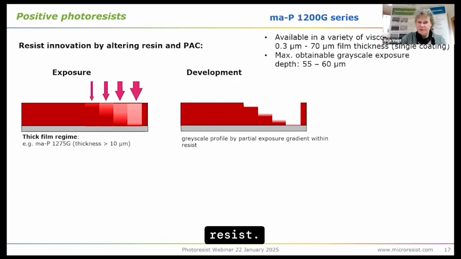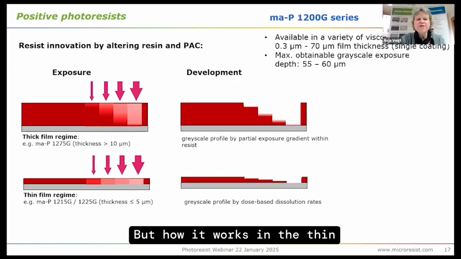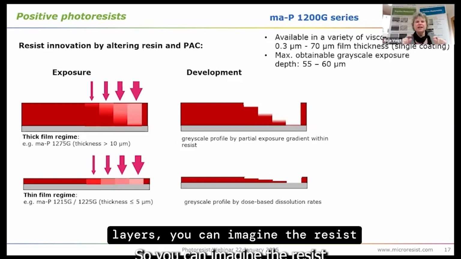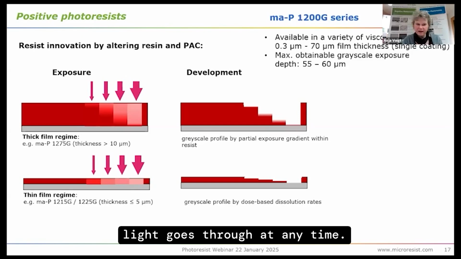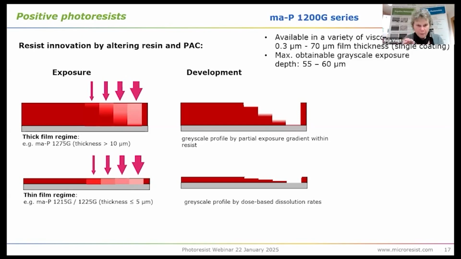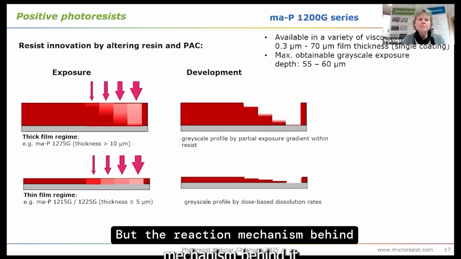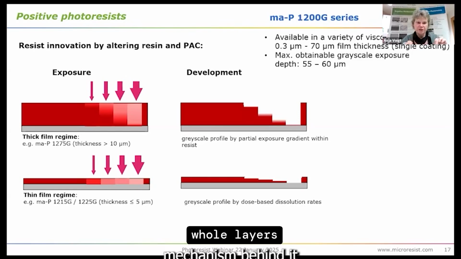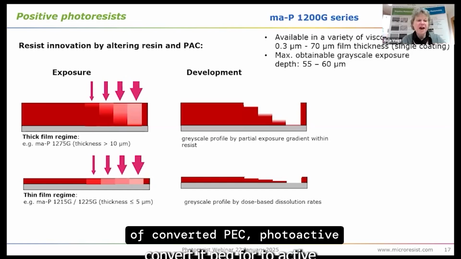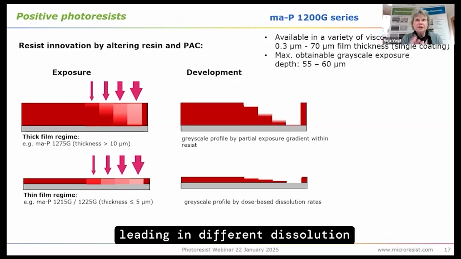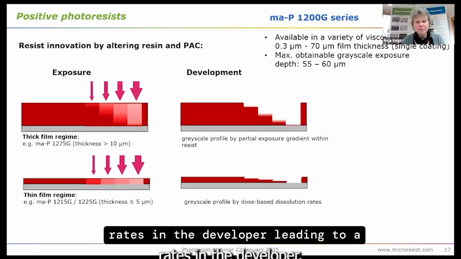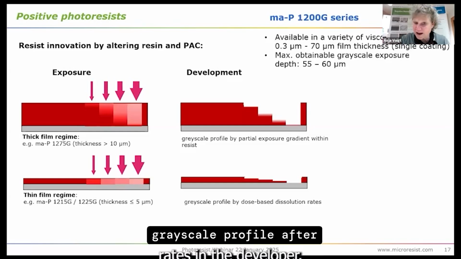But how does it work in thin layers? You can imagine the resist layer is very, very thin, and the light goes through at any time. But the reaction mechanism behind it is that the number of converted photoactive compounds in the whole layer is different, finally leading to different dissolution rates in the developer, leading to a grayscale profile after development.